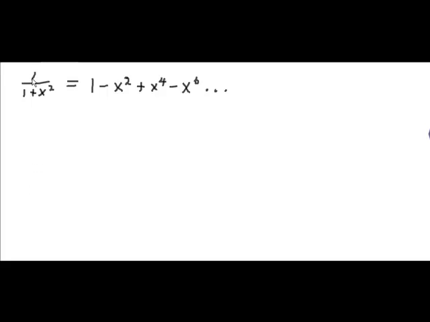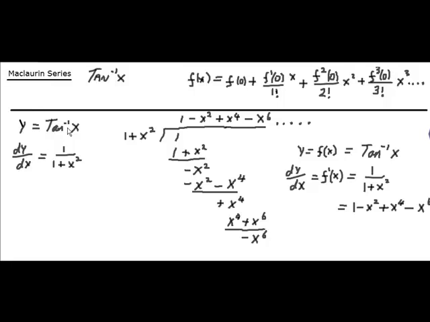And the reason we picked 1 over 1 plus x squared, of course, was because we spotted that when you differentiate inverse tan, you get 1 over 1 plus x squared. So going backwards, if you integrate 1 over 1 plus x squared dx, you're back at inverse tan of x.